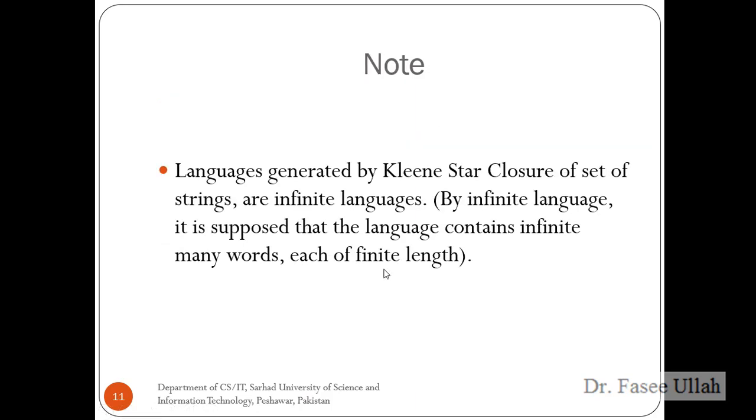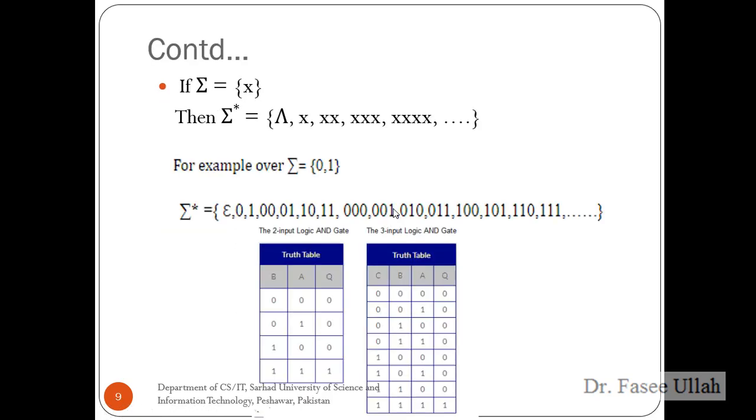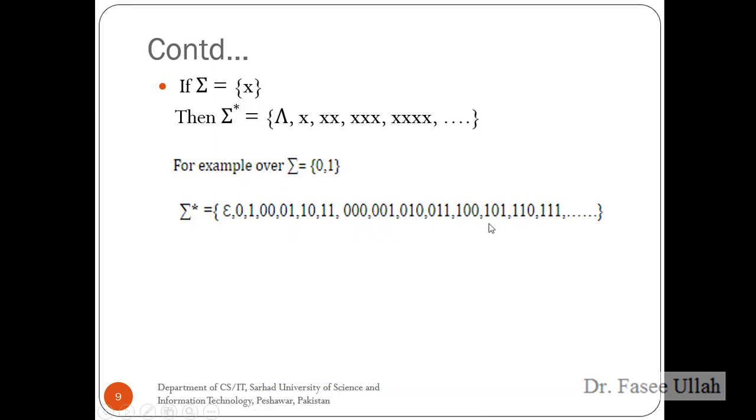The important thing which I already discussed at the early part of this lecture: the language generated by the Kleene star closure, which is a set of strings, has infinite combinations.